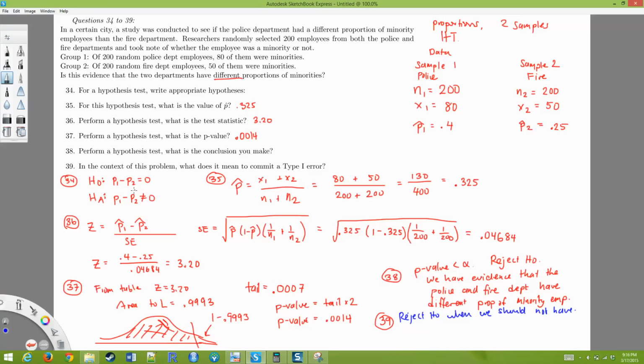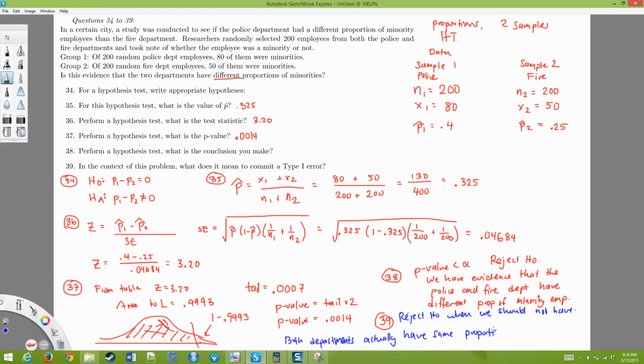It means that both departments actually have the same proportion of minority employees.